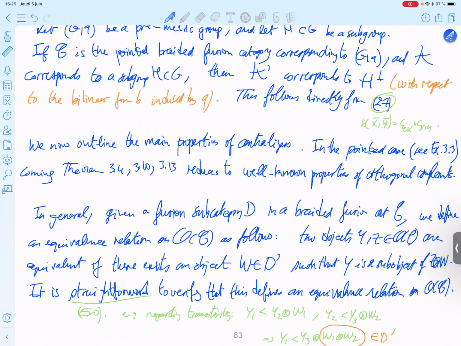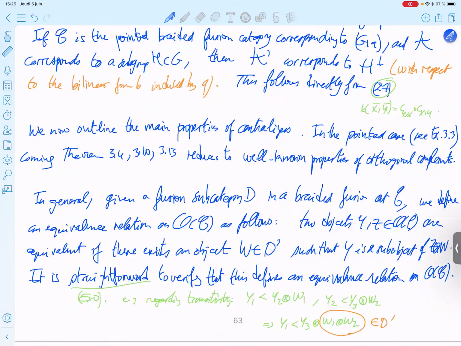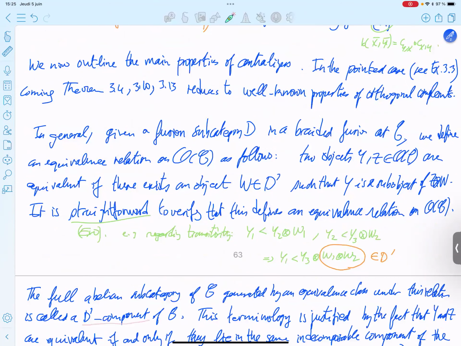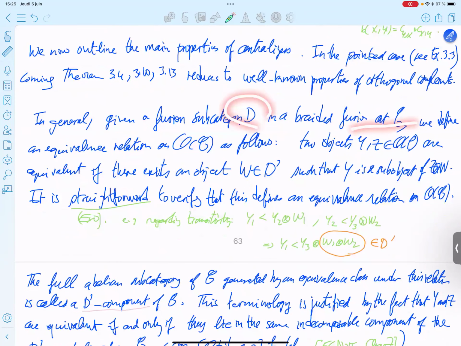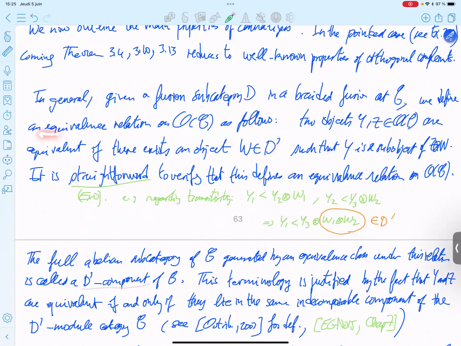Here we need to read again from here. Given a fusion subcategory D of a braided fusion category C, we define an equivalence relation on the set of simple objects up to isomorphism as follows.